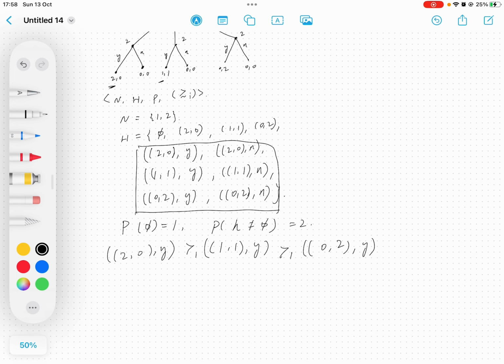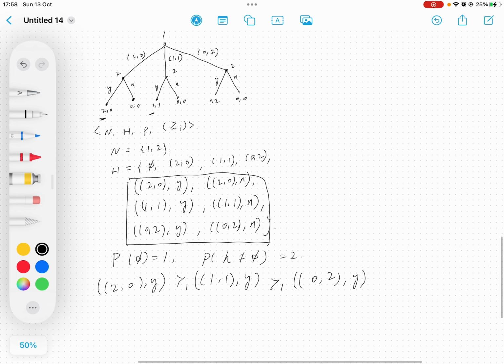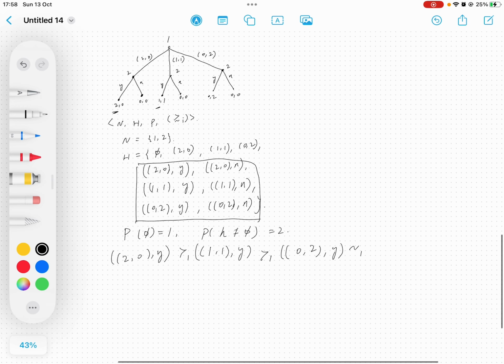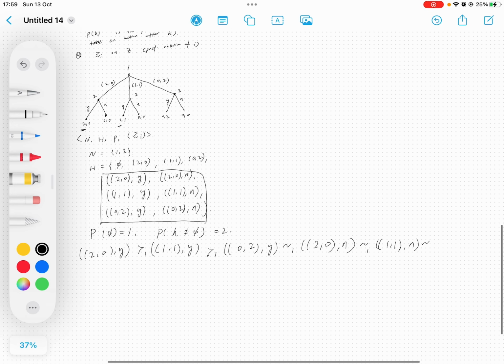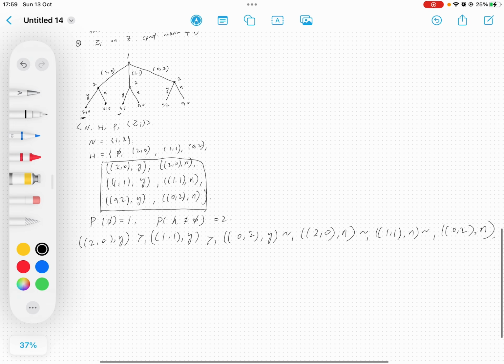So here could be 0 2 Y, because this is 0 and has the same utility for player 1 as 2 0 N, and also the same as 1 1 N, and the same as 0 2 N. All those just give 0 to player 1.